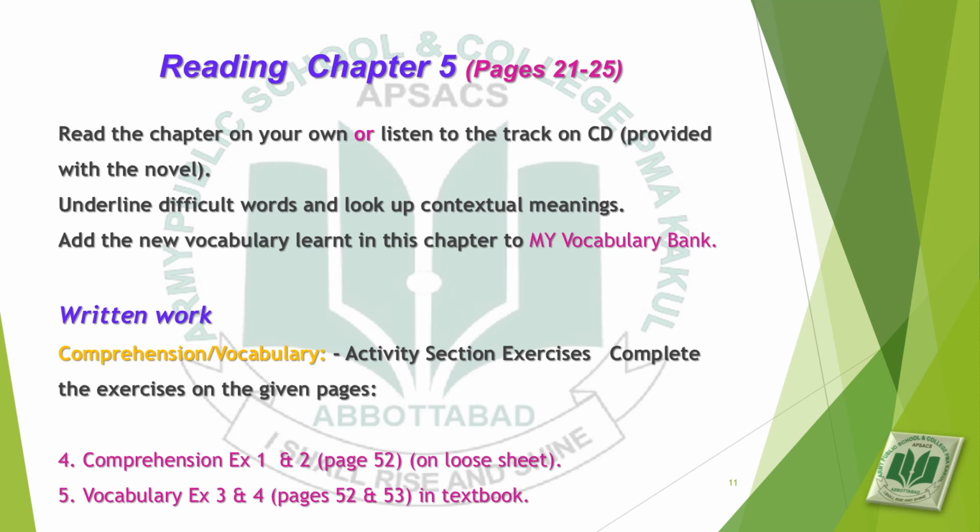Comprehension exercise 1 and 2 are on page 52. You can either use loose sheets or your neat notebooks for this work. And exercise 5 vocabulary, exercise 3 and 4 is on page 52 and 53. And you have to do these exercises in the textbook only.